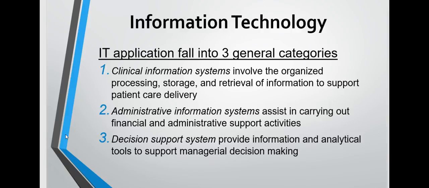An example of this would be financial management systems. And the last category is decision support system, which provides information and analytical tools to support managerial decision making. So this includes management decision support systems and clinical decision support systems, which are also known as CDSS.